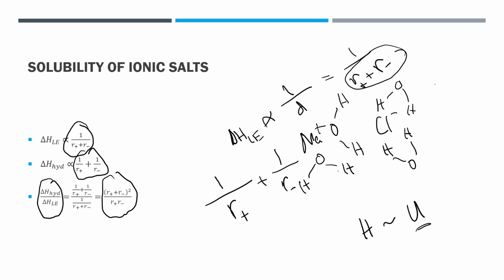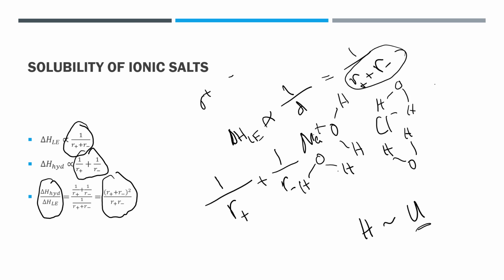And so for example, if R plus and R minus are very different, the hydration enthalpy is much more negative than the lattice energy, which means that salts with a large difference in cation-anion radius are more soluble.